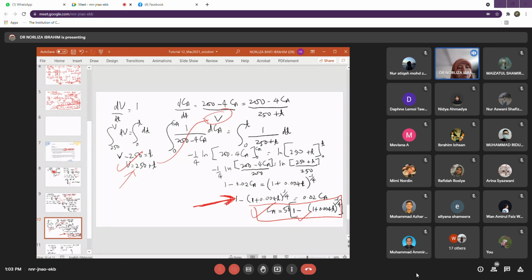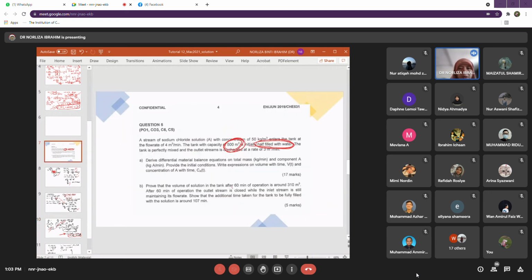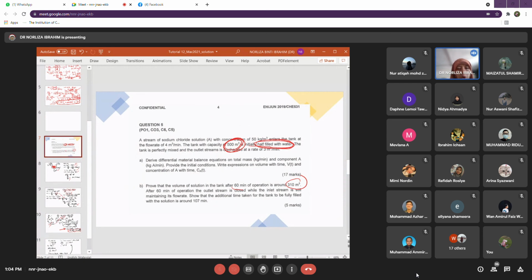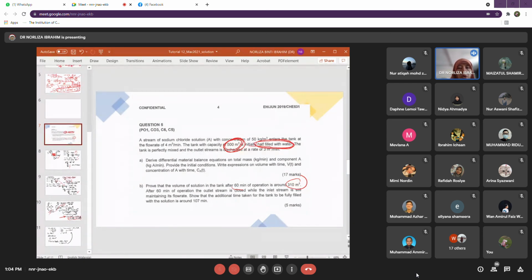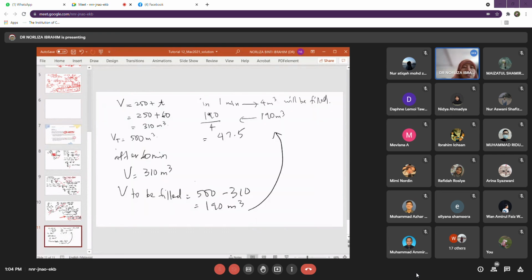Now, if you go to the question, it says after 60 minutes it is 310. Prove that after 60 minutes of the operation, your tank is already 310. So we put into this one. Okay, when you have t of 60, you got 310 meter cube. Right.